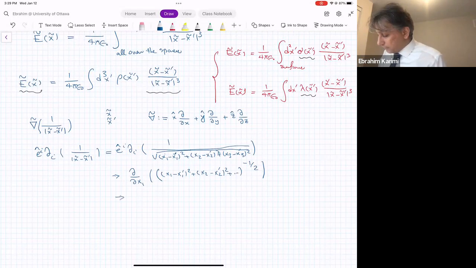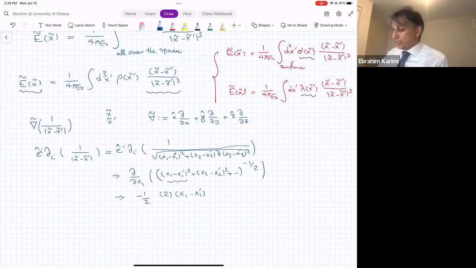So the first derivative of this will be minus 1/2, right? Because you are taking the derivative of the argument, and then you are taking the derivative of this, so it will be 2 times (x1 minus x1 prime), and the rest will be 0, of course.